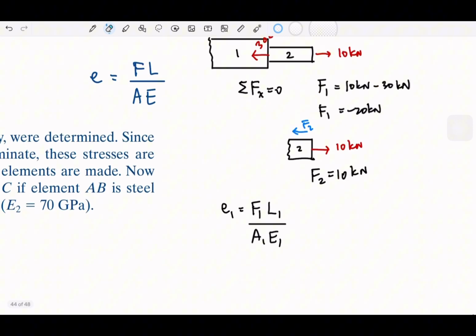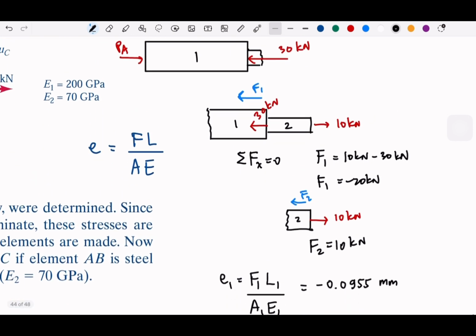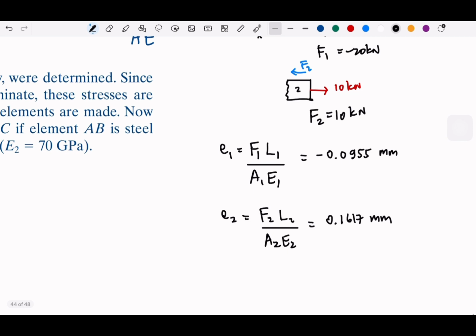So if we compute everything, this will be equal to negative 0.0955 millimeter, and elongation 2 with the same idea. So element 1 will be shortened, having a compression, and element 2 will have a tension, because it's positive.